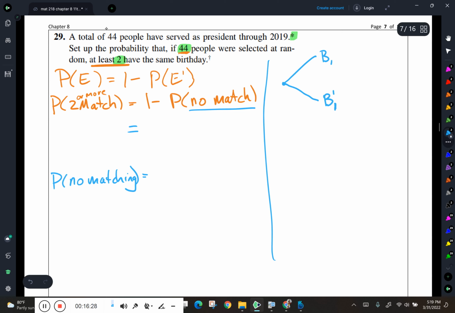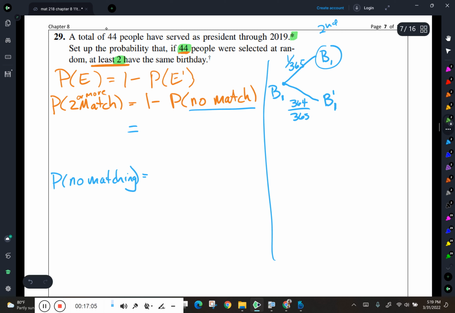So the first person has a birthday, and either it matches the second person in the room, or it doesn't match, right? With the birthday 1 over here, there is a 1 out of 365 probability that it will match. There is a 364 out of 365 probability that it won't match, right?